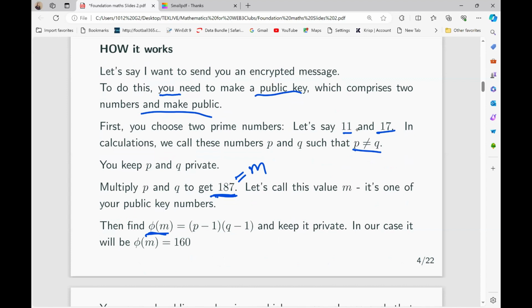And if we are talking of only two prime numbers, then phi of M is easily given by P minus 1 multiplied by Q minus 1. So in our case, P minus 1 will be 10 and Q minus 1 will be 16. So when you multiply, our phi of M will be 160.